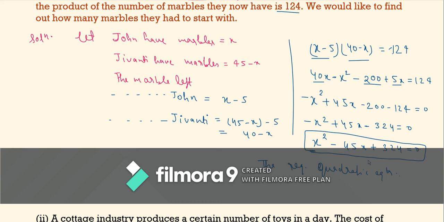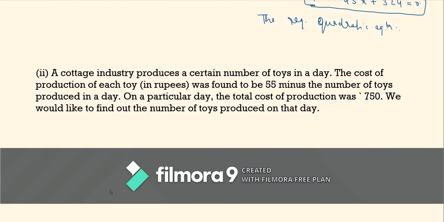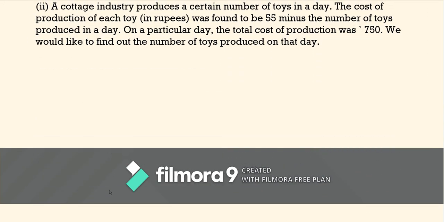So let's consider the second problem. A cottage industry produces a certain number of toys in a day. The cost of production of each toy in rupees was found to be 55 minus the number of toys produced in a day.